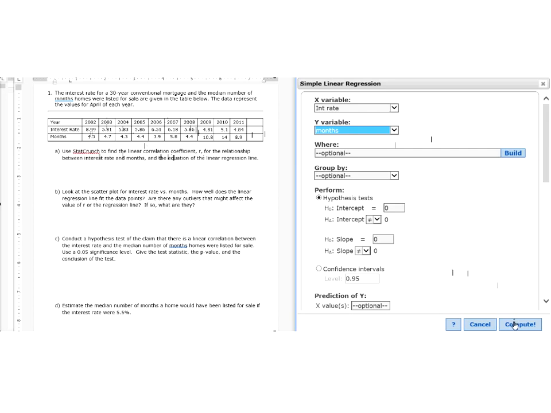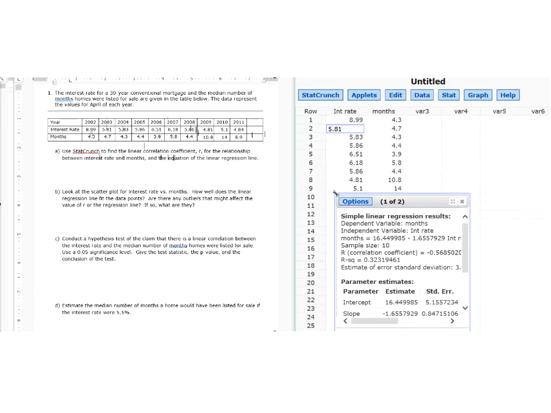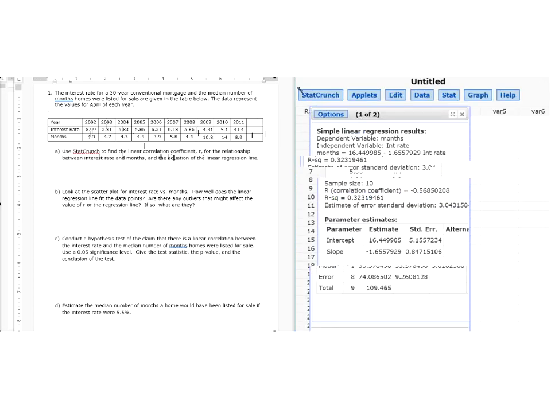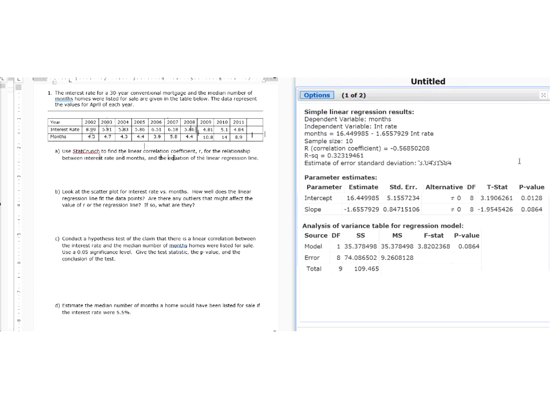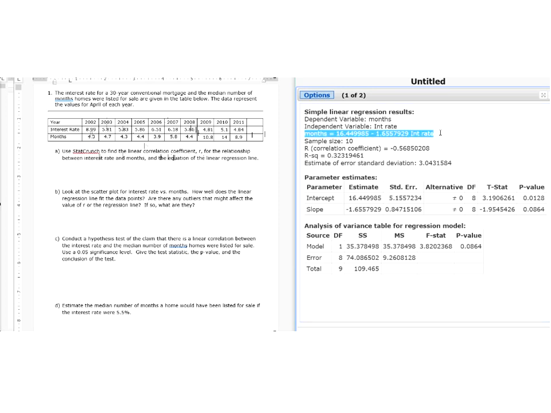Okay, and then all I have to do is go down to the bottom and click on Compute, and that automatically gives me a whole bunch of information. It's going to give me the linear regression equation right here. It also gives me the correlation coefficient, the R-value, right here.